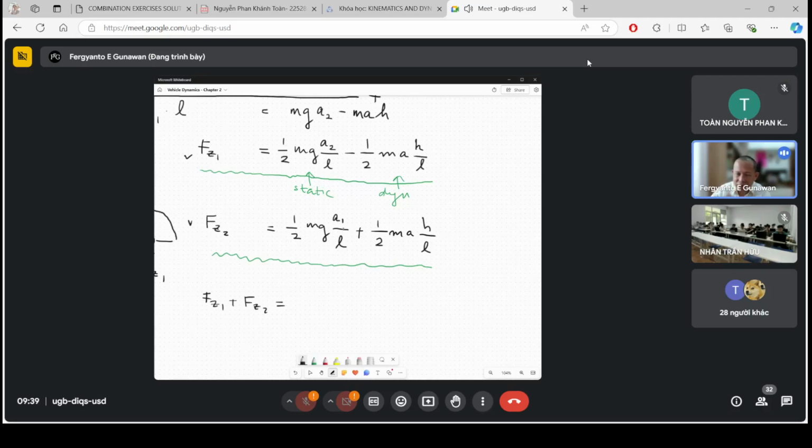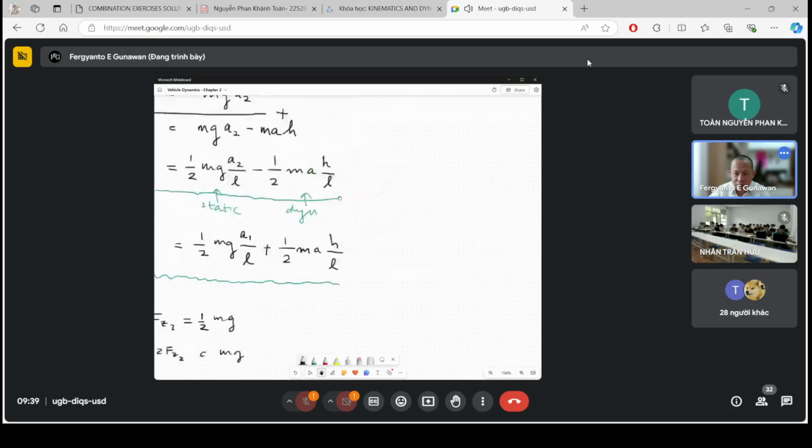So Fz1 and Fz2 would be half of m and g, or half of the vehicle weight, because the total weight of the vehicle, Fz1 plus Fz2, is equal to the total weight of the vehicle, right?